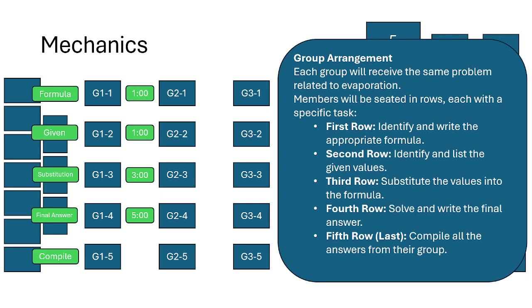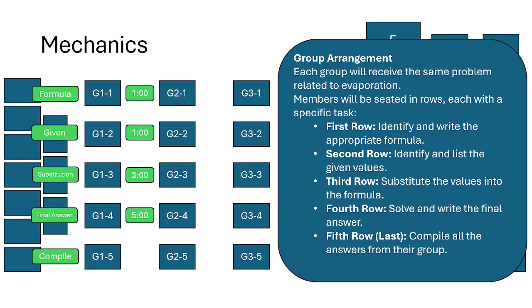The solution in the third row, the final answer in the fourth row. Don't be mistaken, so don't get confused. The fourth row will still solve. He will just input the final answer on the paper given to him by the facilitators.